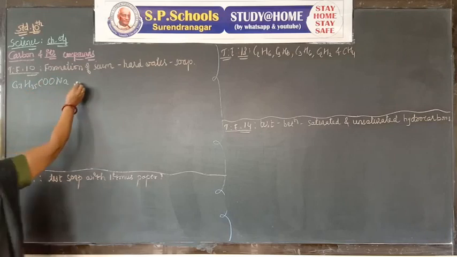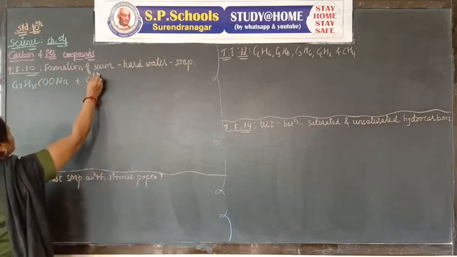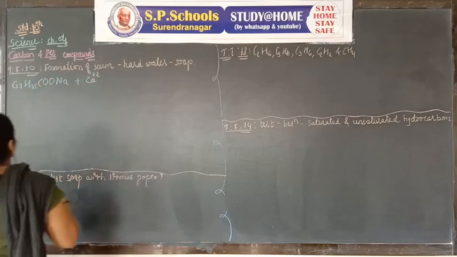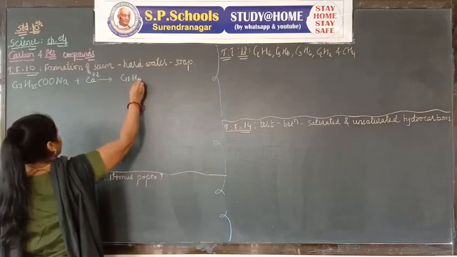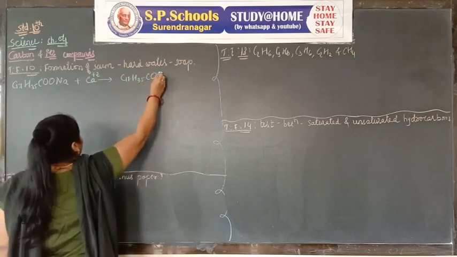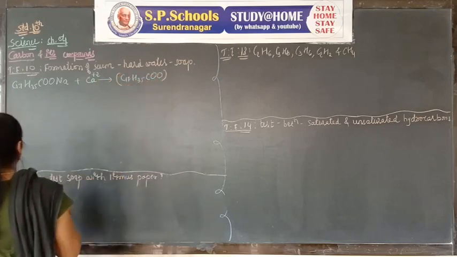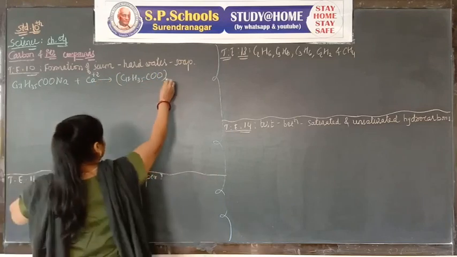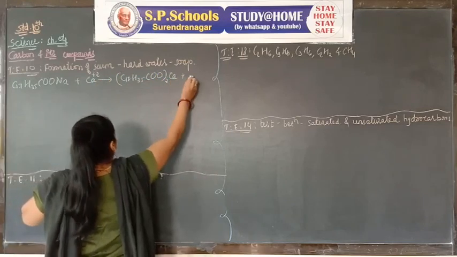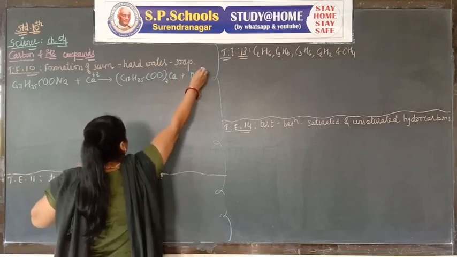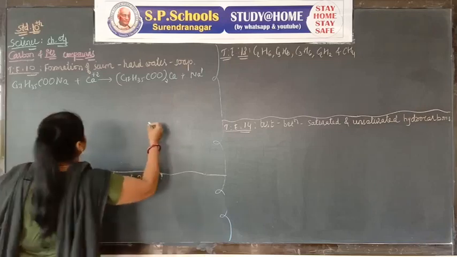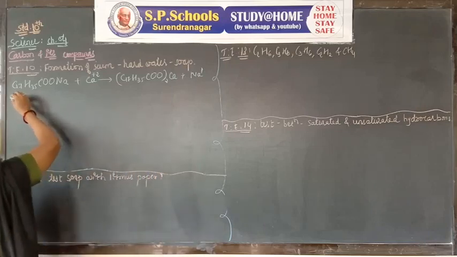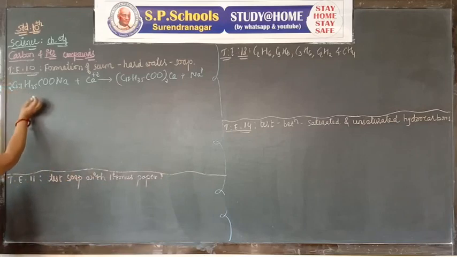C17H35COONa combined with calcium ion gives (C17H35COO)2Ca plus Na plus. To balance the equation, we put 2 before C17H35COONa.